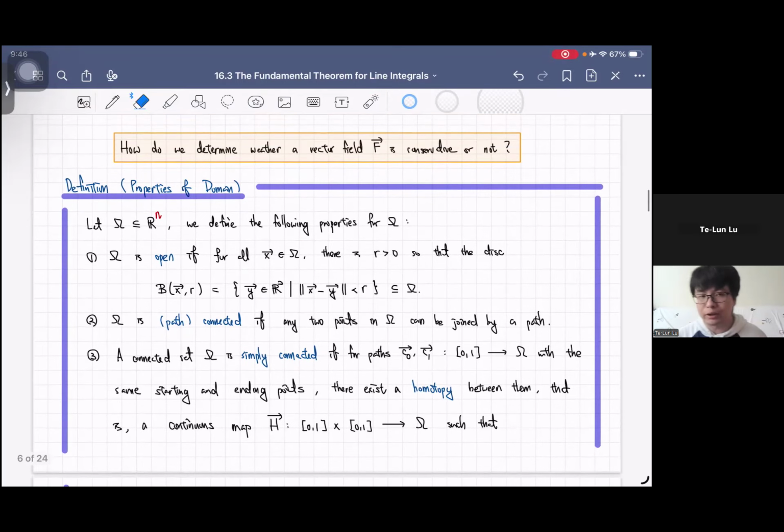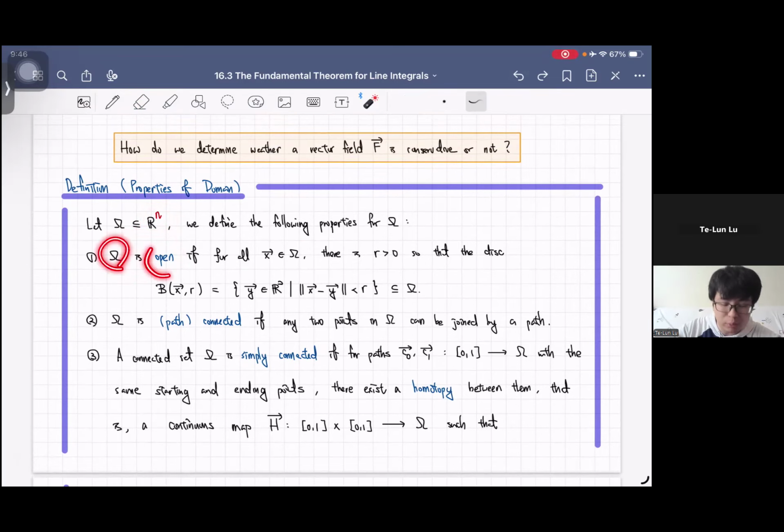So this theorem actually works for a general domain. Let me put some omega inside R^n. In most cases, n is just 2 or 3, so either the Cartesian plane or 3D Cartesian coordinate space. We say that omega is open, that is an adjective, an open set.